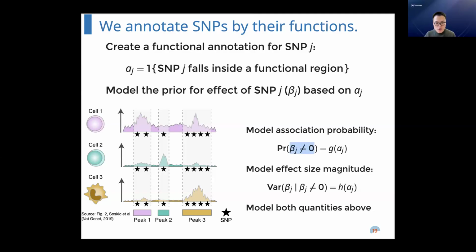And then we can also try to model the effect size beta J, under the condition that beta J is actually associated with the GWAS phenotype, as another function of AJ. And we can clearly do both, okay? Just how modeling goes, right? You can always build any set of models in a very flexible way. And this is actually the approach we pursue. We're modeling both the probability and the effect size as a function of AJ.